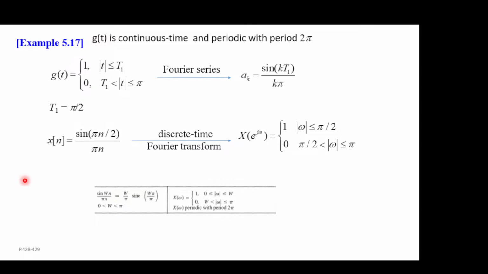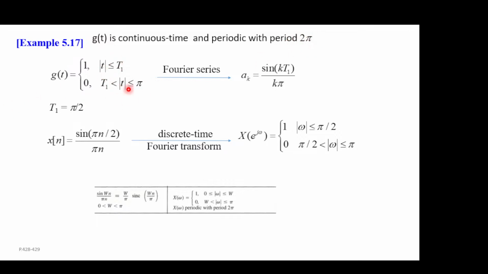And okay, so this is one of our favorite continuous time Fourier series. It is a square wave function. It's periodic, so it's a square function with a width 2 T1 and a period 2 pi.